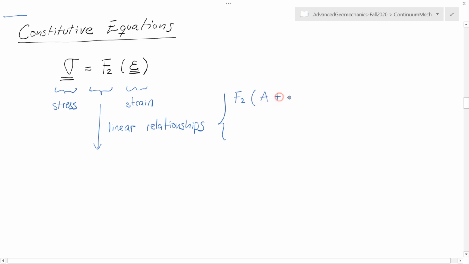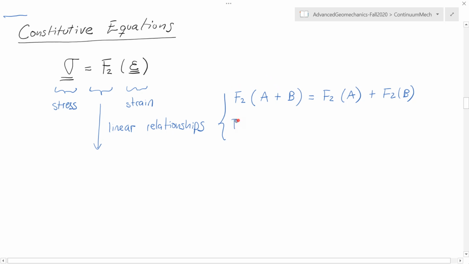an application of two strains, states A and B, by the principle of superposition, if my relationship is linear, I could write this equality: the result of applying independently these two actions or strains A and B is the same as adding the two actions together and applying that particular function to that.